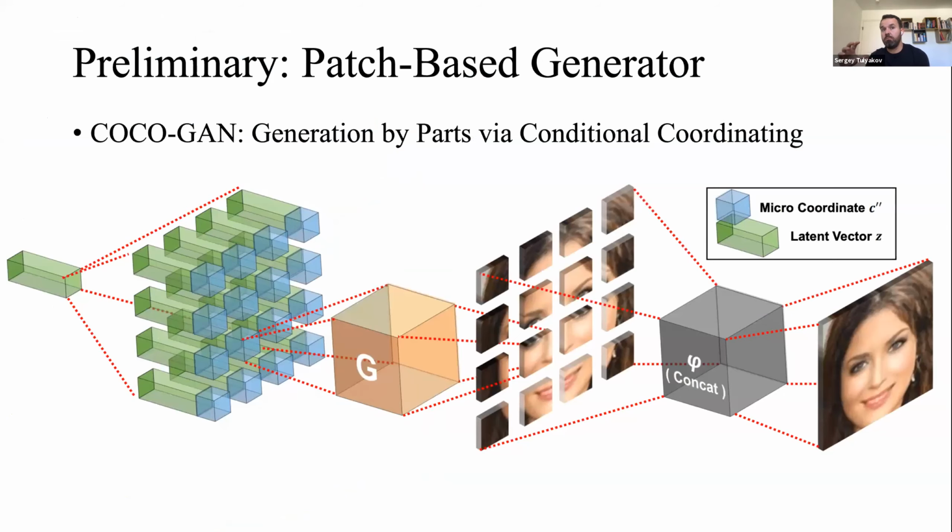Again, let's get back to the idea of COCO-GAN. As I recall, there is a common joint global latent that is then spatially extended and augmented by the conditioning, and we could generate one image patch at a time.